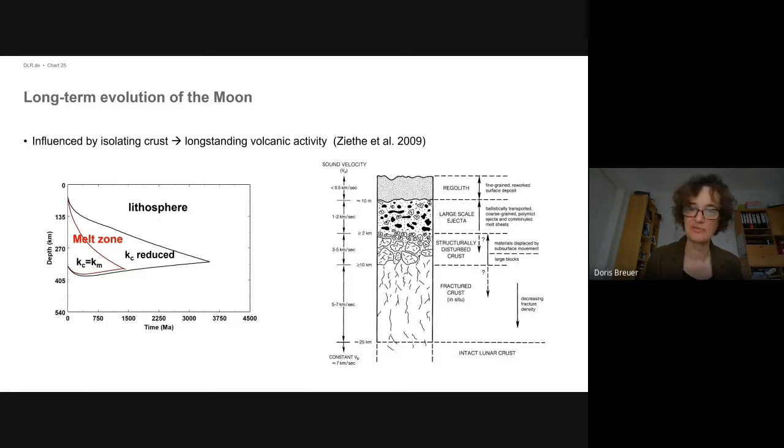In particular, you have this regolith and megaregolith where you break the crust, which suggests a further reduction of the thermal conductivity. And you can nicely see here for two different models, where we assumed a lower thermal conductivity of the crust, that you can have volcanic activity or partial melt in the interior up to the present day, depending on the thermal conductivity of the crust. So that is actually no problem, to have a long-standing volcanic activity on the Moon.